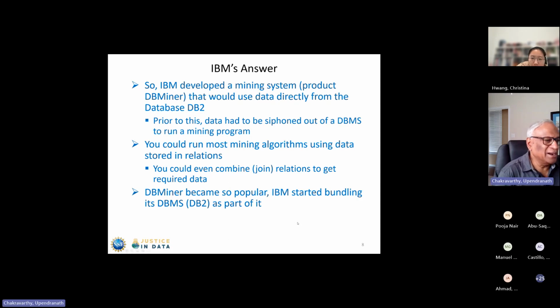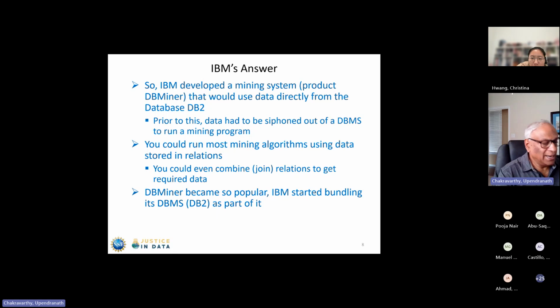Now, I think the interesting thing is that this DB Miner became so popular, IBM started bundling its DB2 as part of it. They were selling DB2 separately, and DB2 itself was quite expensive.